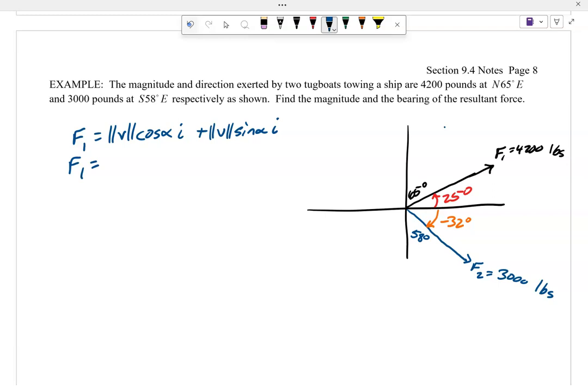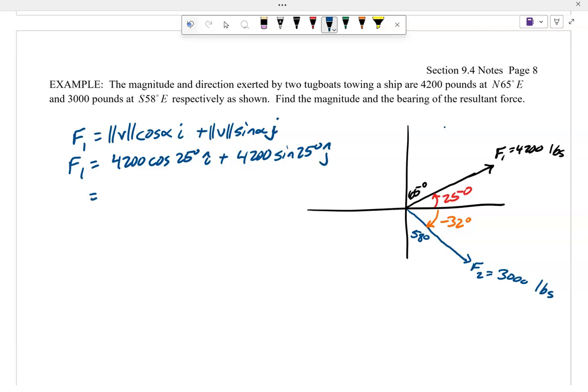It has a magnitude of 4,200 pounds. The angle is 25 degrees. Oops, that's a J.